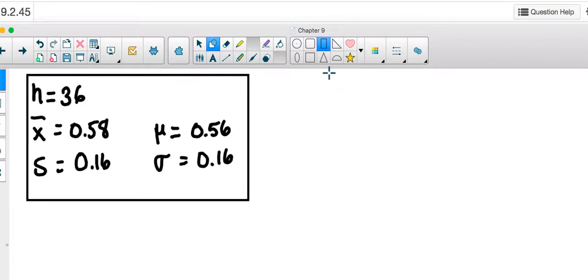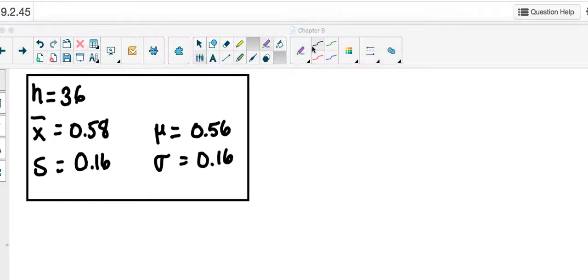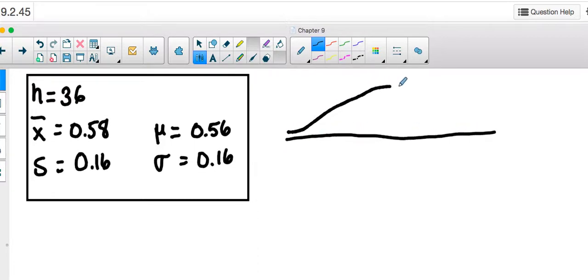Now from that, let's do a drawing first. Let's draw what we got and what it looks like. I've got my normal distribution, and I know that in my population, the mean is 0.56.